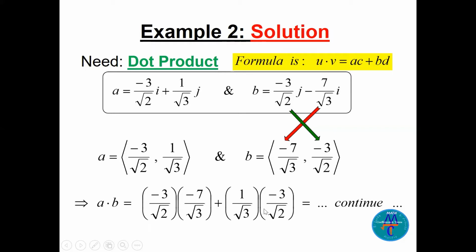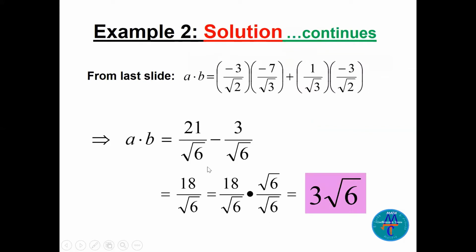Be careful about the square root numbers. So it will be 21/√6 - 3/√6. This is the same denominator. So 21 minus 3, and then you have to rationalize, multiply by square root of 6 up and down, and then divide by 6. So the final answer, the dot product, will be 3√6.